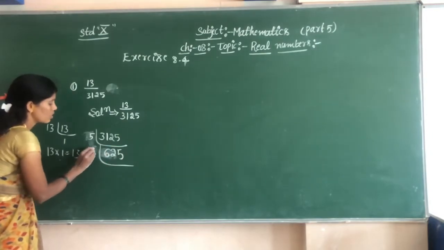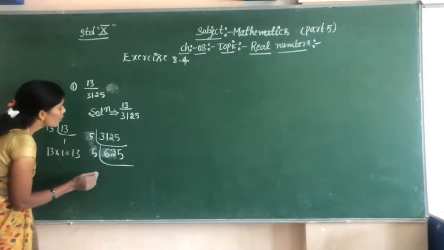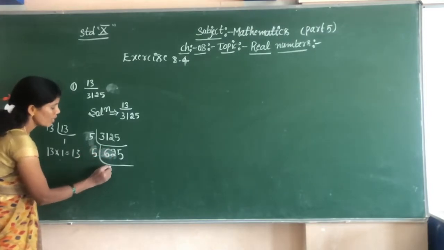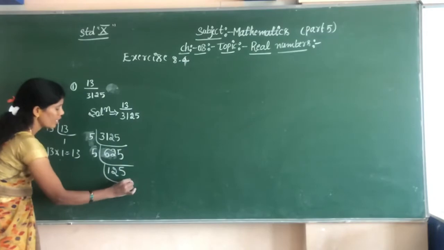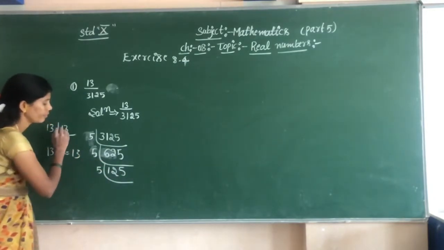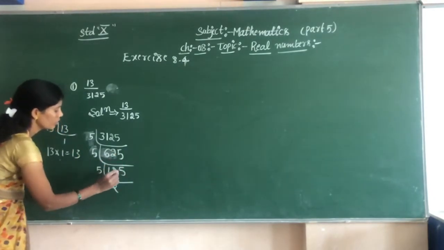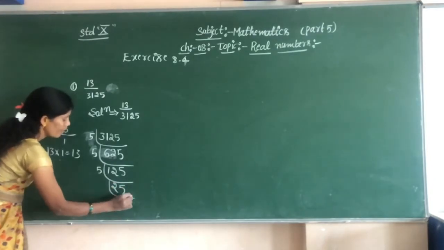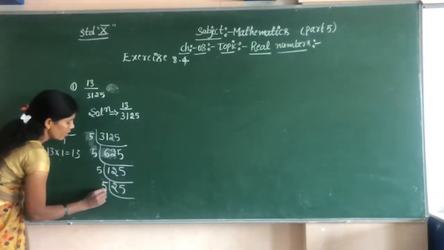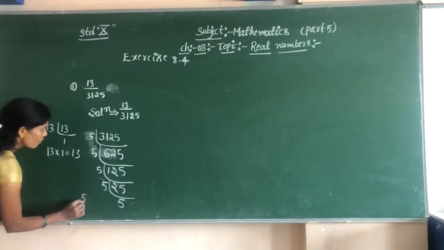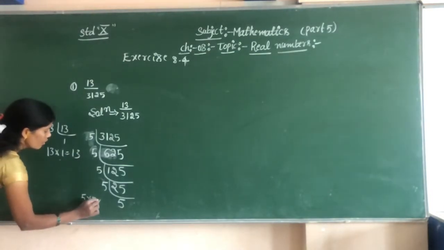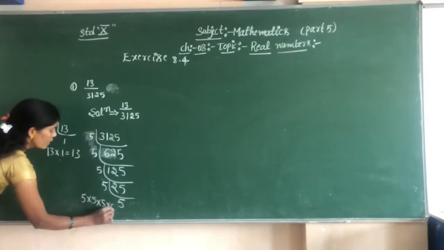Okay, now take 5: 5 1s are 5, 5 2s are 10, 5 5s are 25. Okay children, so the factorization is 5 into 5 into 5 into 5 into 5.